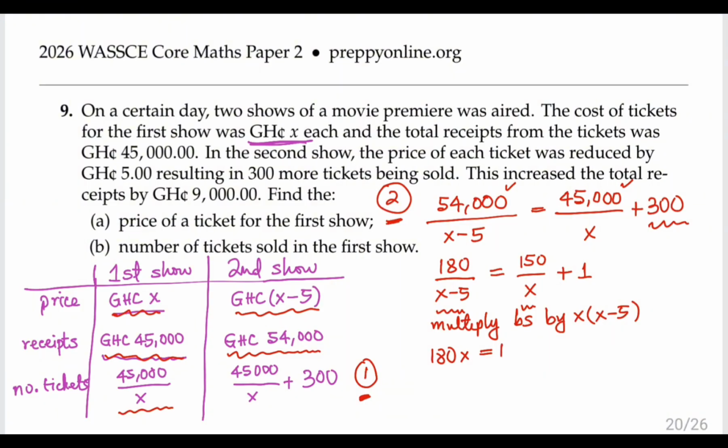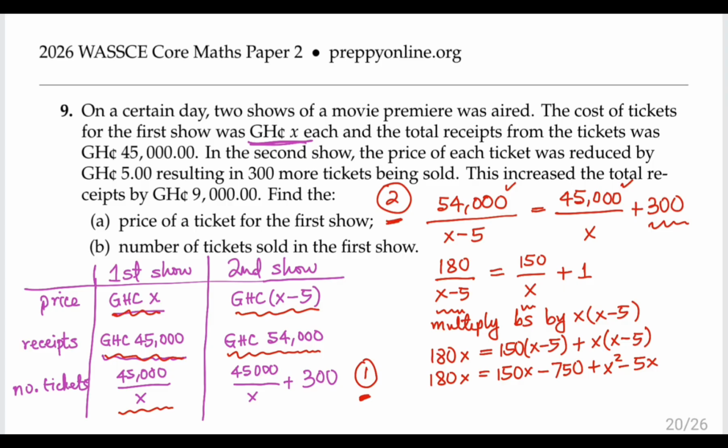And then here you get 150 times x minus 5. Then you get x times x minus 5. That's what you get when you multiply that quantity by 1. So we expand. We get 180x. Then we get 150x, then minus 5 times 150, that's 750. Then x times, we expand this bracket, we get x squared minus 5x.